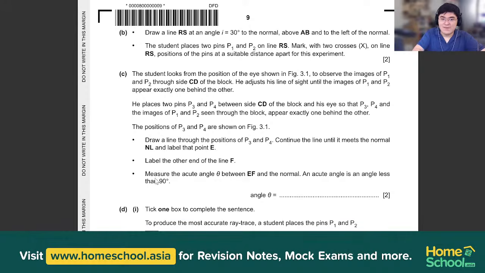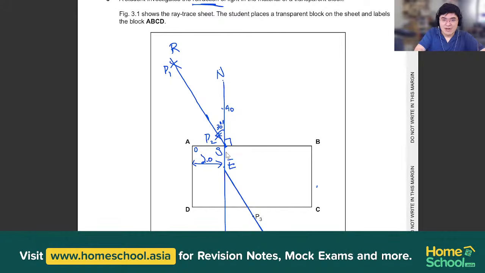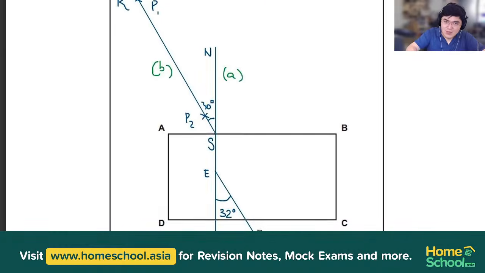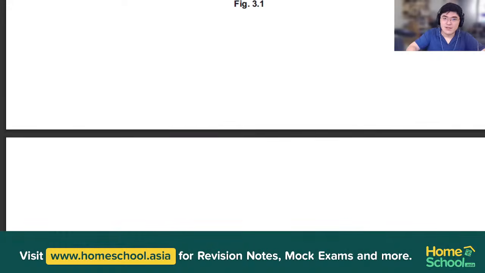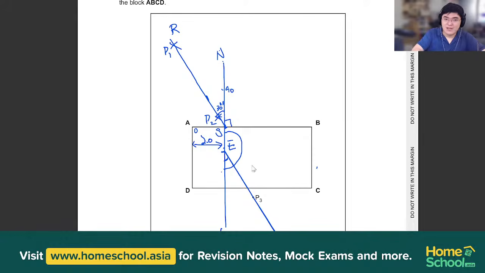Then we are to measure this acute angle using a protractor. An acute angle is an angle less than 90 degrees. From here, we put our protractor over here to measure this angle. Let's take a look at our graph. Sorry, I forgot to show this, but this is how it should look. Now you take out your protractor and measure this angle.